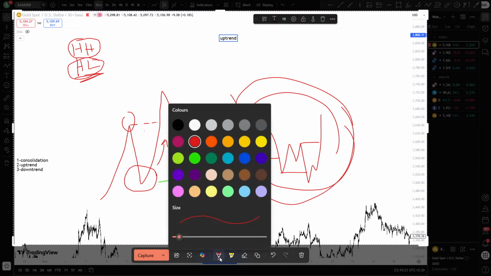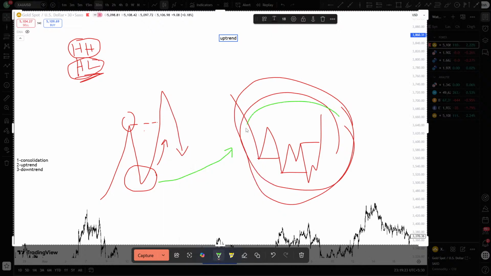When the market gives you this structure, that is when we can now say, okay, now we can think of buying, targeting these higher highs. If the market does not give you this type of structure, do not think of entering because the market is still keeping liquidity. It's still taking out some lows.